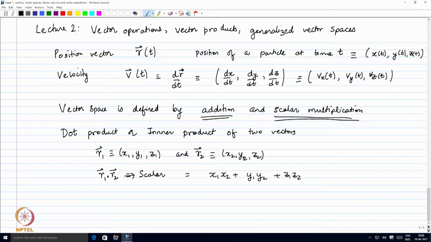There is a formal meaning of what can constitute an inner product. A dot product or an inner product should satisfy two conditions.